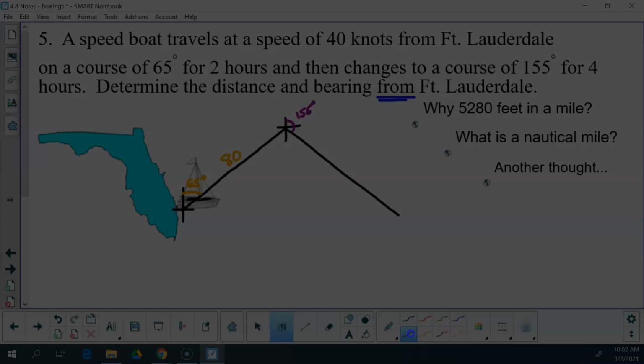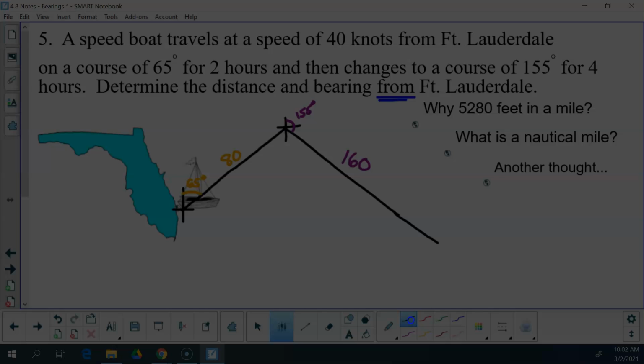And it went for 4 hours. So how long is that next side? 160. Agree?